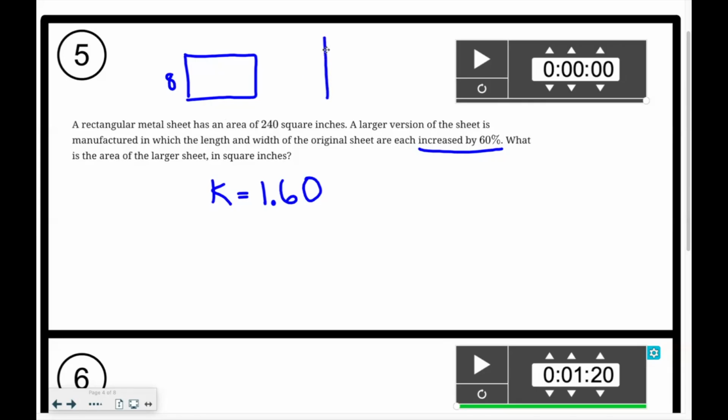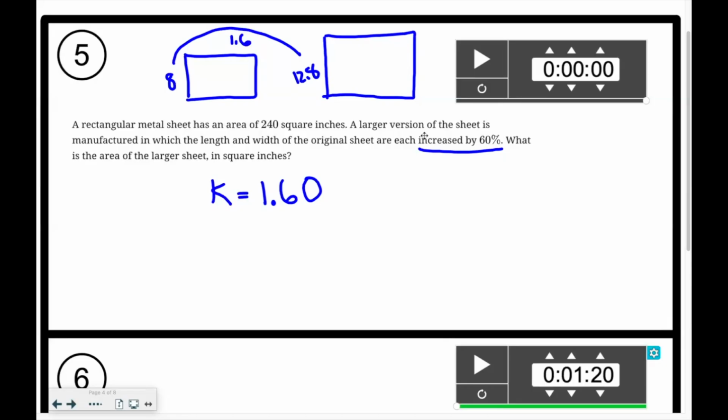If I want to find the corresponding side length if I increase it by 60%, the quickest way to do that would be to just multiply by 1.6. So 8 times 1.6 ends up being 12.8. So the first part of this has nothing to do with areas. It's just the quickest way to increase something by 60% is to multiply by 1.6.